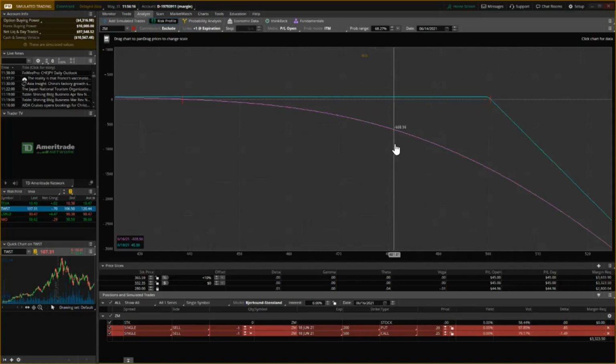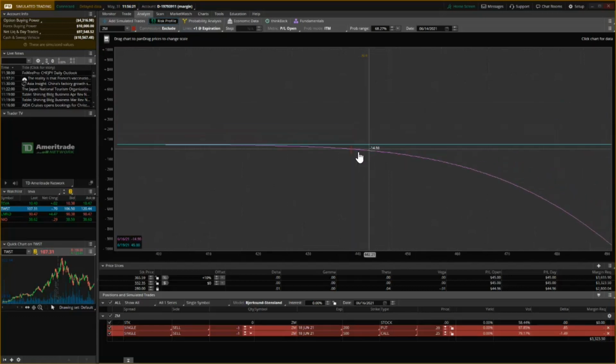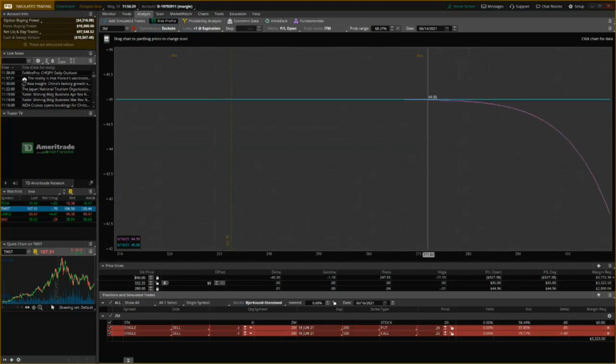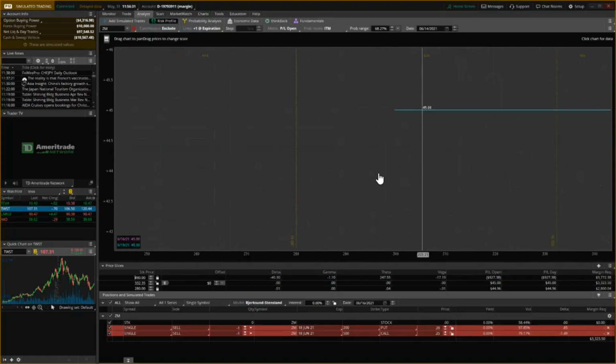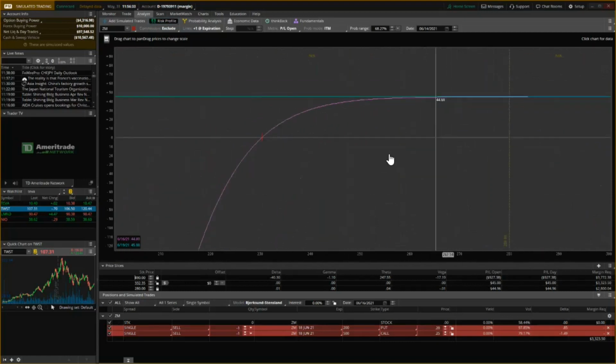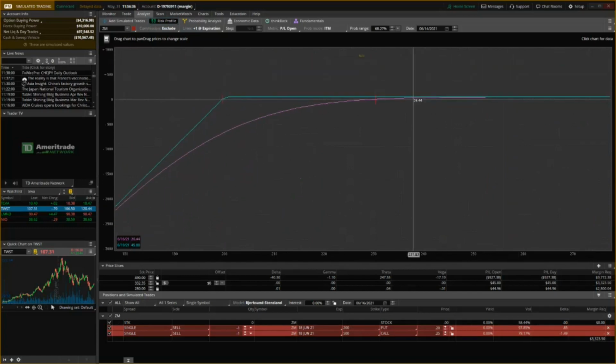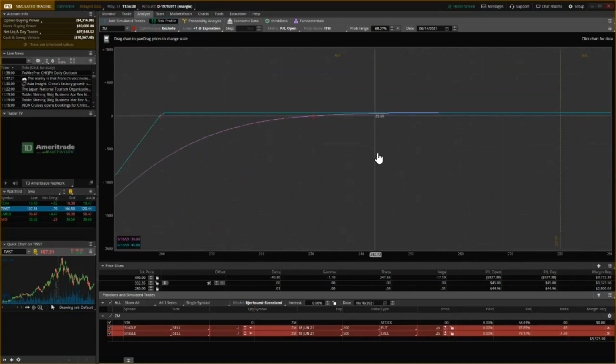So now I'm getting, look at this, a very wide range. All the way between 500 and 200, if the stock remains between those two lines, we're gonna make a profit of $45. It's not much, but it's pretty wide.